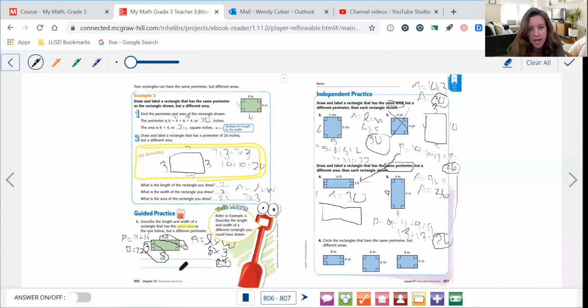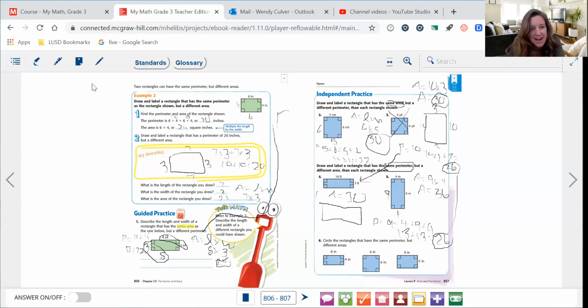All right, so then, wish I had more workspace somewhere. I'm going to do it right here, but this work is going to go with that problem. So what I'm going to do is draw another rectangle. It's not going to let me do it up there, so I'm going to do it down here.